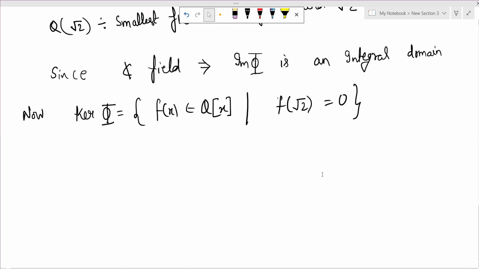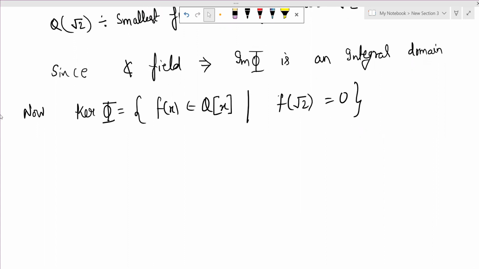So here I should write this fact: since Q is a field, this implies Q[x] is a PID.